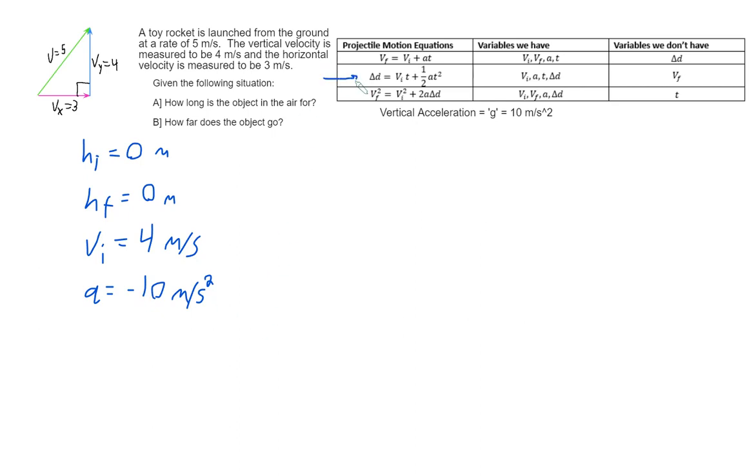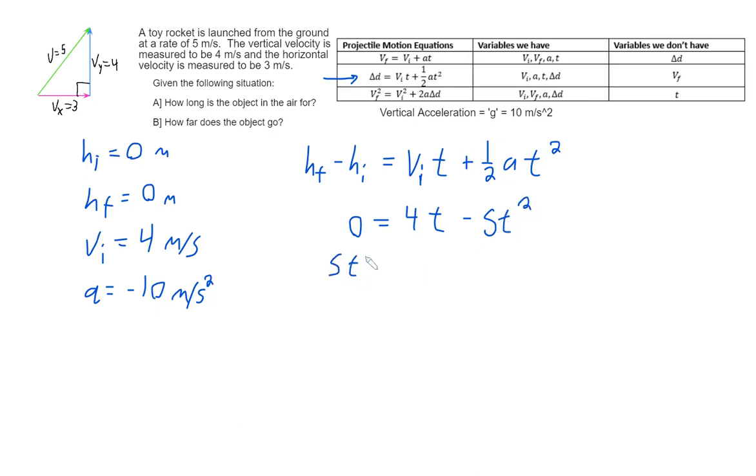We're going to use the second equation here, in which it goes final height minus initial height is equal to initial velocity times time plus 1/2 acceleration times time squared. So 0 minus 0 is 0, but we have 4t minus 5t squared.